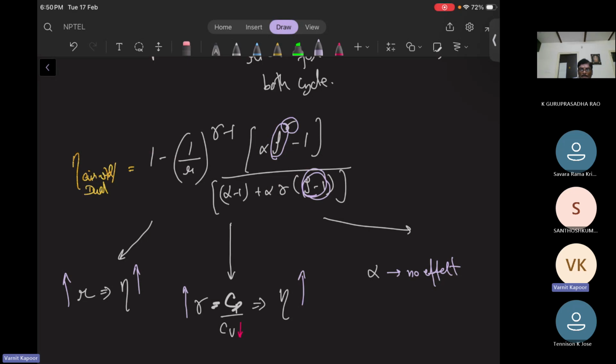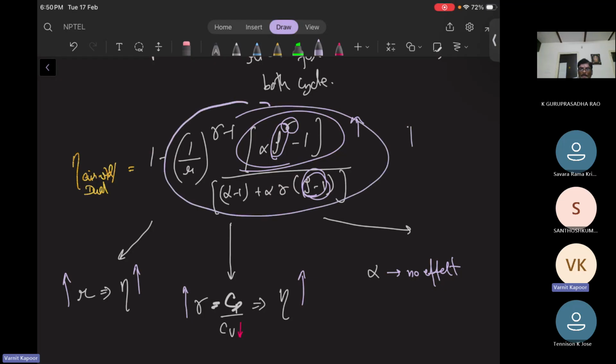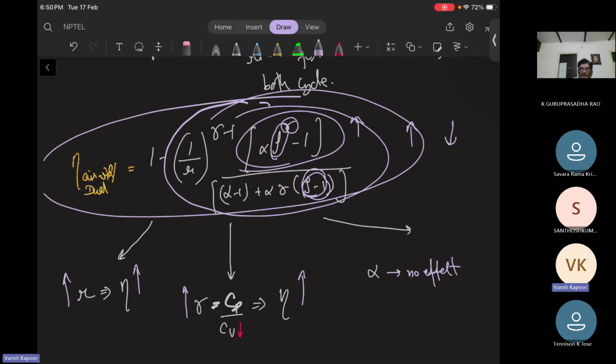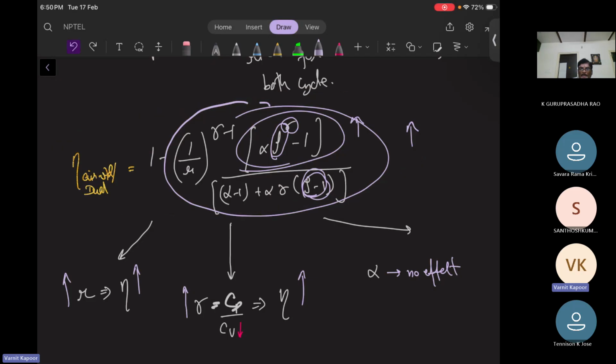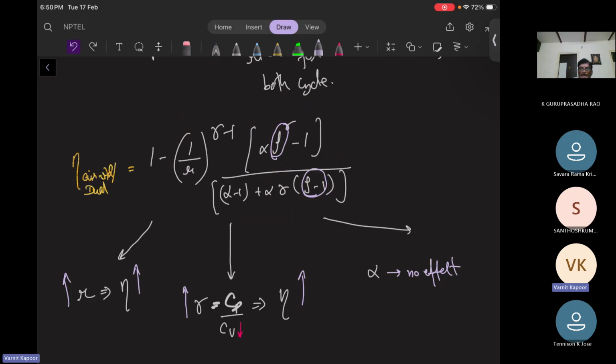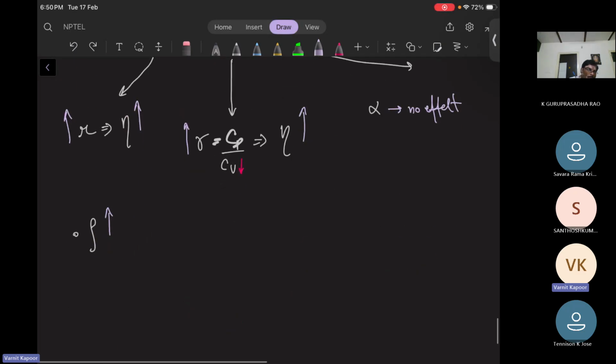Rho to the power of something greater than 1 has more influence. So the numerator value will be higher compared to the denominator, and if this whole term is higher, then efficiency is going to decrease. 1 minus some higher value will be decreasing. So let me write here: with the increase in rho, efficiency basically decreases.